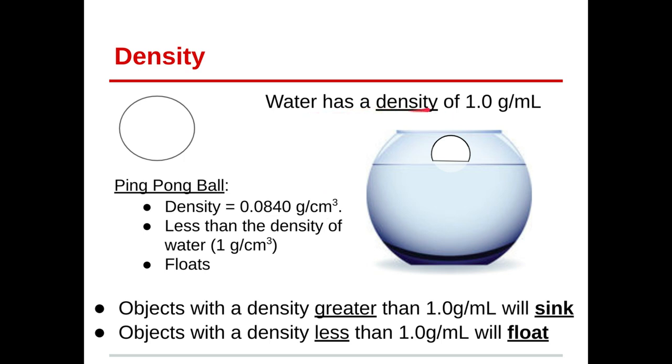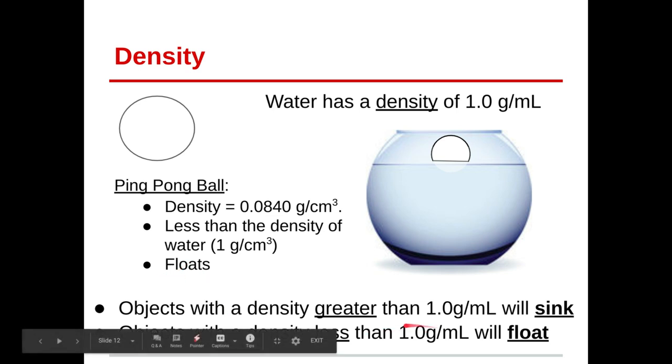Again, water has a density of just 1 gram per milliliter. Remember, grams per milliliter and grams per centimeter cubed are essentially the same thing. Okay, so the ping pong ball has a lower density. This is less than 1, less than the density of water, so a ping pong ball will float on the water. Objects with greater density will sink.